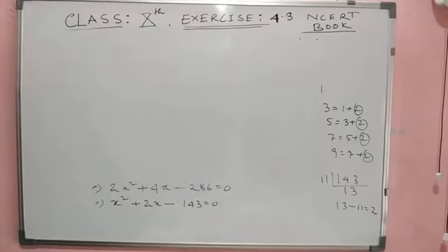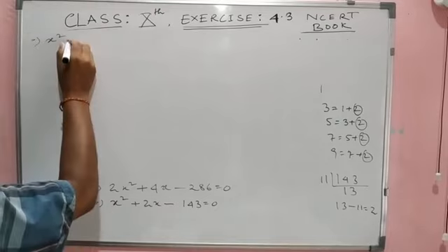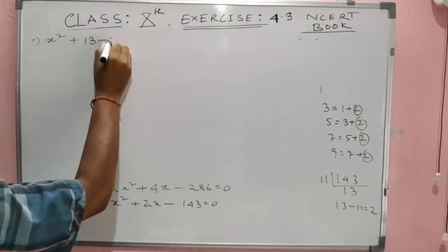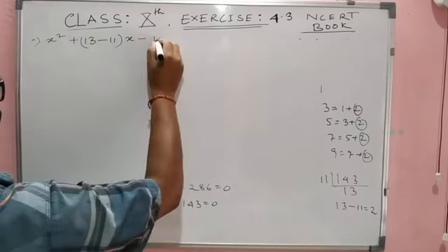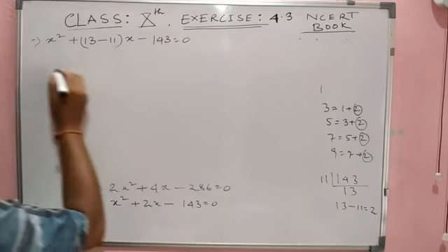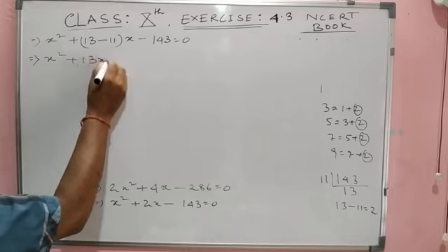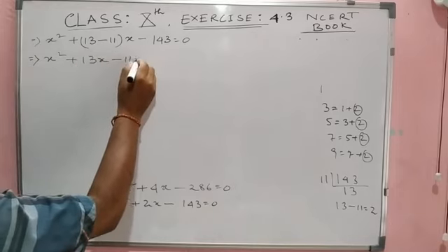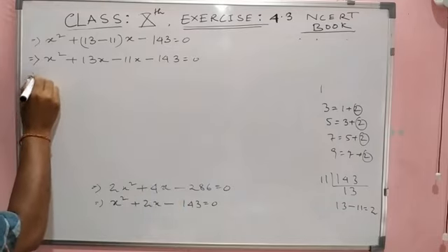Let us see now. We can write this as x square plus 13 minus 11 whole into x minus 143 equal to 0. This implies x square plus 13x minus 11x minus 143 equal to 0.